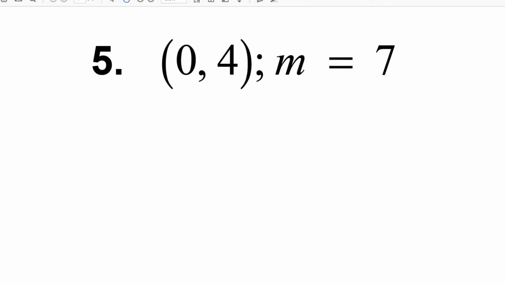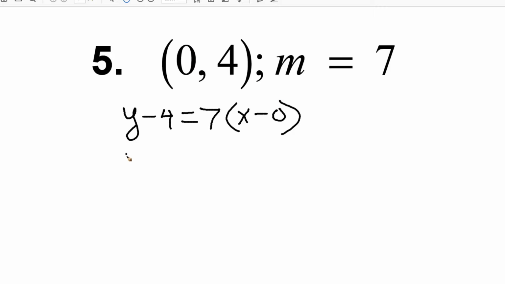Number 5. Y minus, what's our y? Our y is 4 equals, what's our slope? 7 times x minus x. What's our x? Our x is 0. Now we simplify.